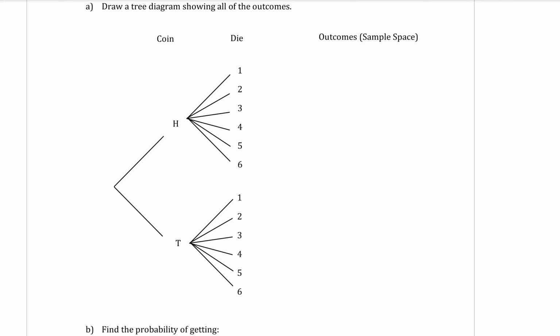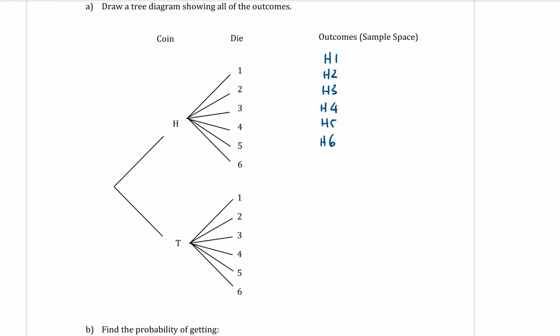That means that from that diagram, I can now list the outcomes or my sample space over here next to it. And all I do is read along what we call the branches. So this is head number 1. So I put H1 as my first outcome. Then it would be H2, H3, H4, H5, and H6.